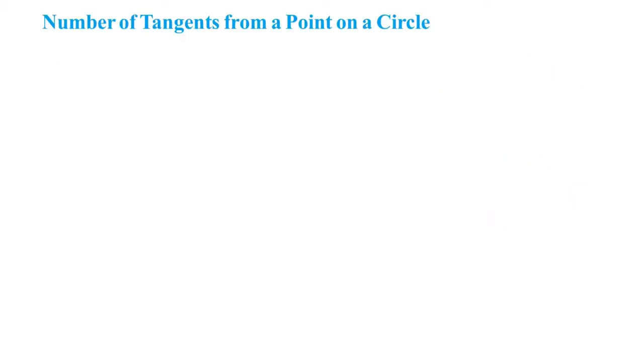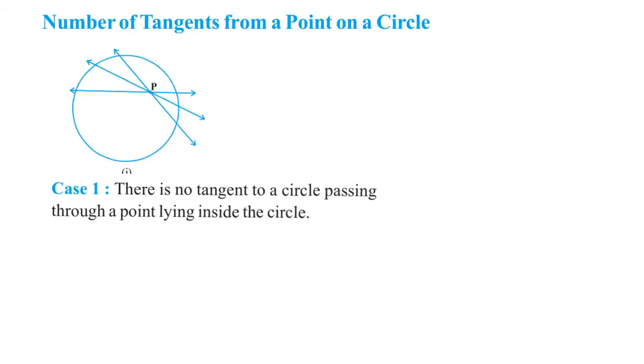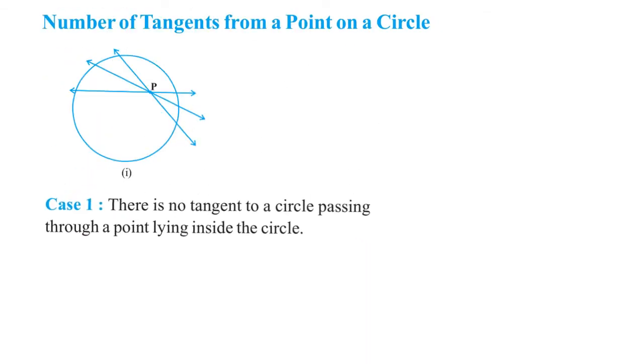Let's try to figure out the number of tangents from a point on a circle. Now suppose, can you guess how many tangents will a point have if the point is lying inside the circle? There will be no tangents. So we have case 1 over here, that there is no tangent to a circle passing through a point lying inside the circle.